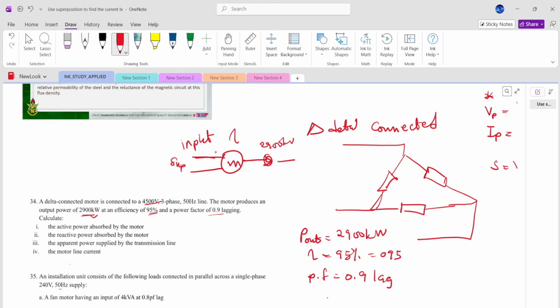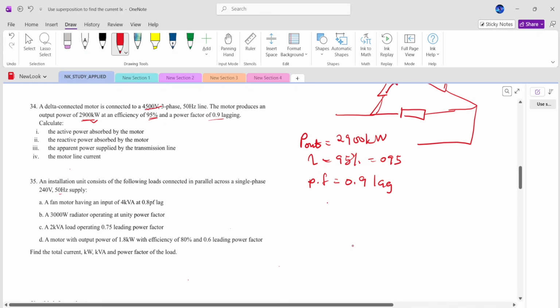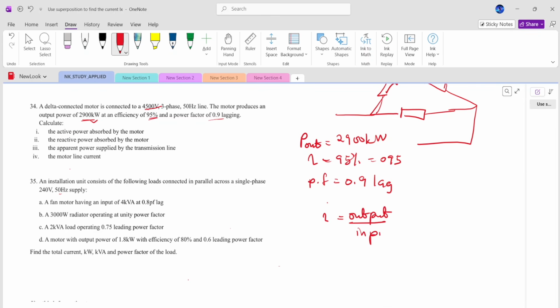And they've given us the efficiency. So in SHS, we learned something about efficiency, that not all machines can convert 100% input of their power to the output, because there's going to be some form of losses in the machine. So we know that our efficiency is equal to output over input, right? So it means we can make input the subject so that we have it to be output over our efficiency.